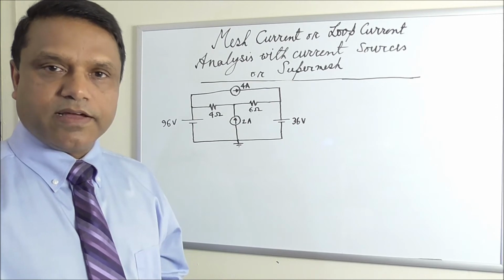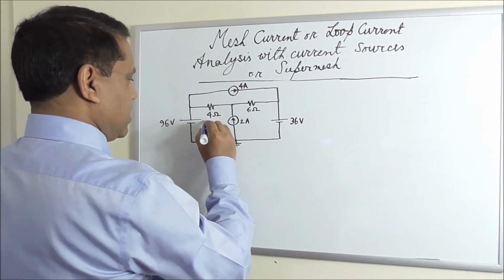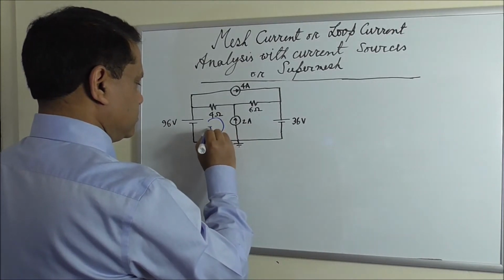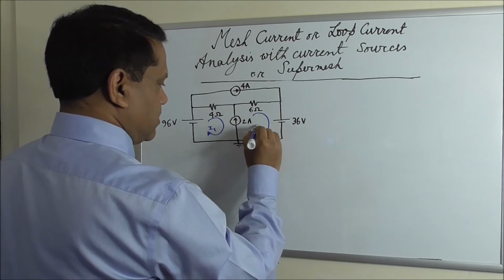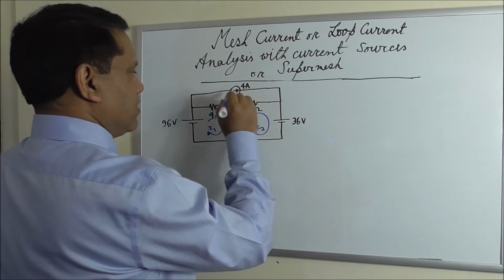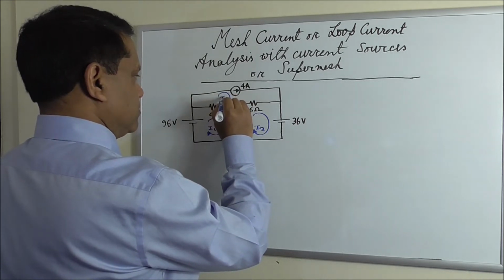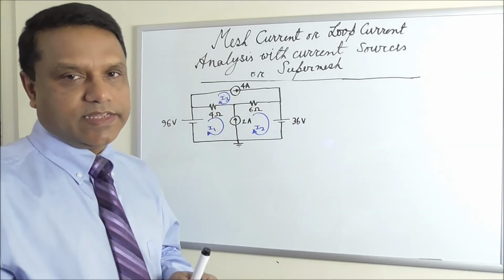Let's first assign the loop currents or mesh currents. So let's call this I1, I2, and let's call this I3. So we have three loops here, so we have to assign three currents.